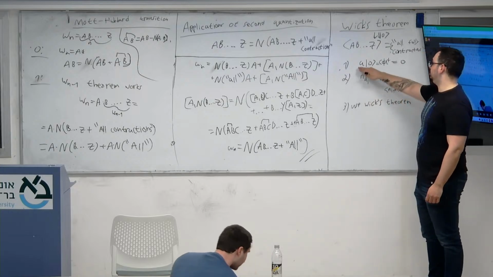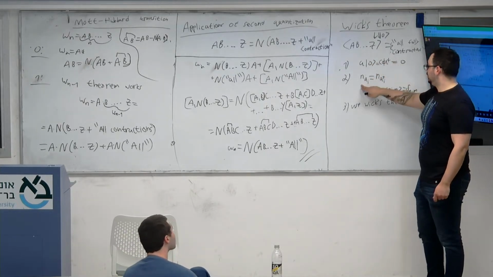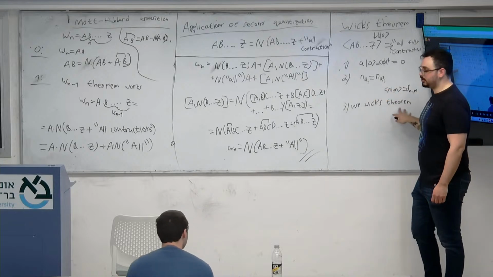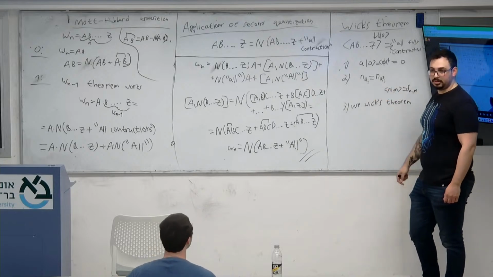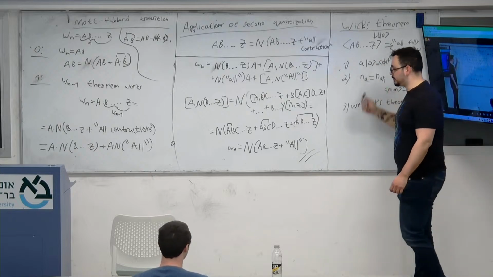Look for an annihilation operator at the end, or a creation operator at the beginning. Check that there's an equal number of creation and annihilation operators, and then in the end use Wick's theorem to calculate the actual part. The first two steps are like filters.